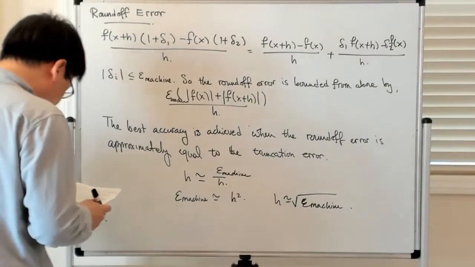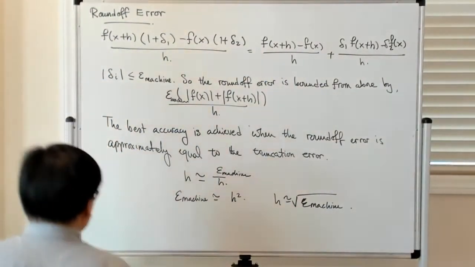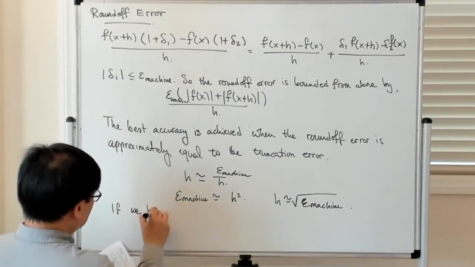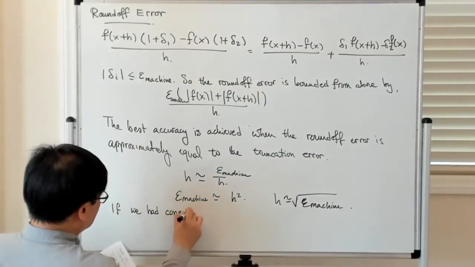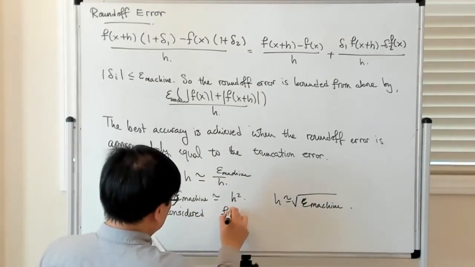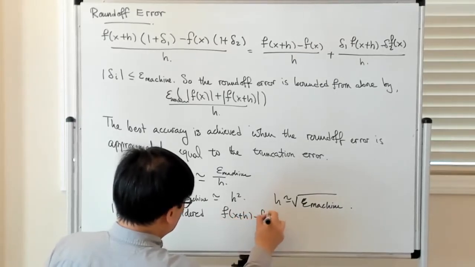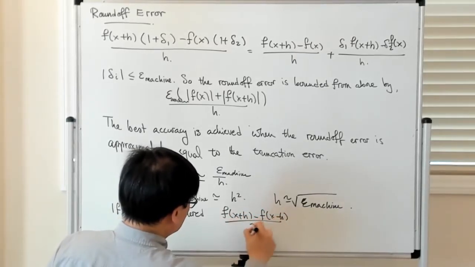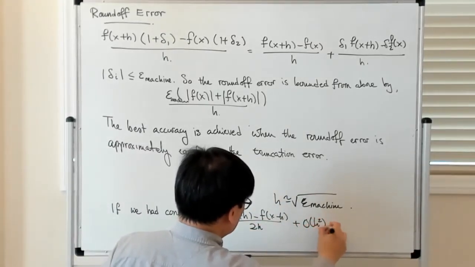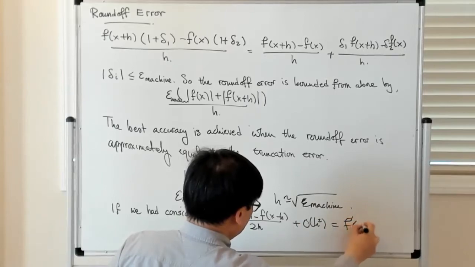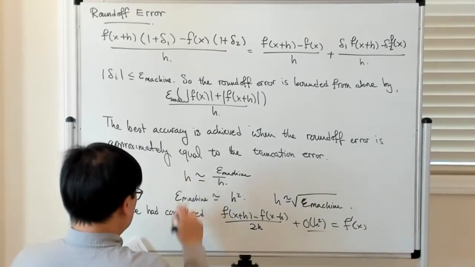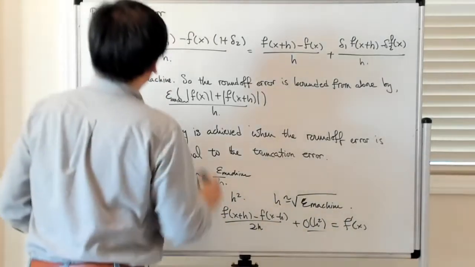In particular, if we had considered the symmetric finite difference, which is f of x plus h minus f of x minus h over 2h, this is equal to f prime of x with an error term which is now of order h squared. So here you would do something different.